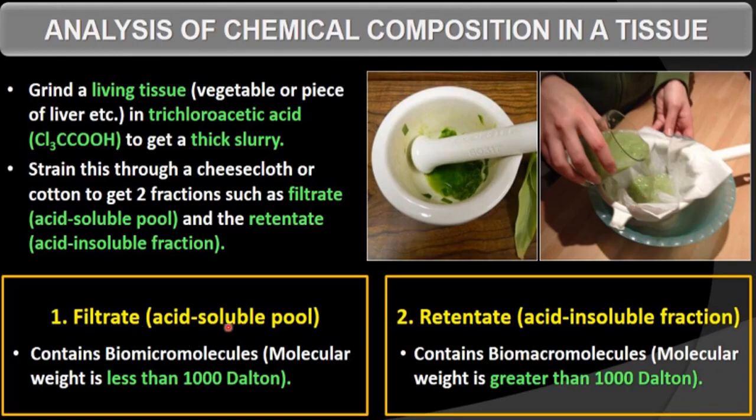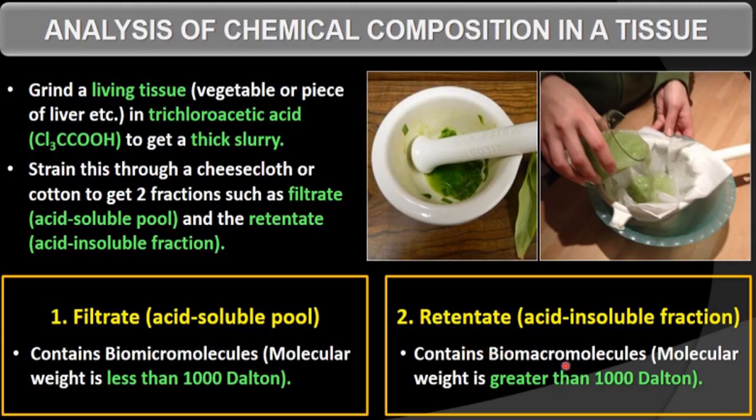So filtrate is acid soluble pool and it contains biomicromolecules, which have molecular weight less than 1000 Dalton. And the retentate portion has acid insoluble fraction that contains biomacromolecules, having molecular weight greater than 1000 Dalton.